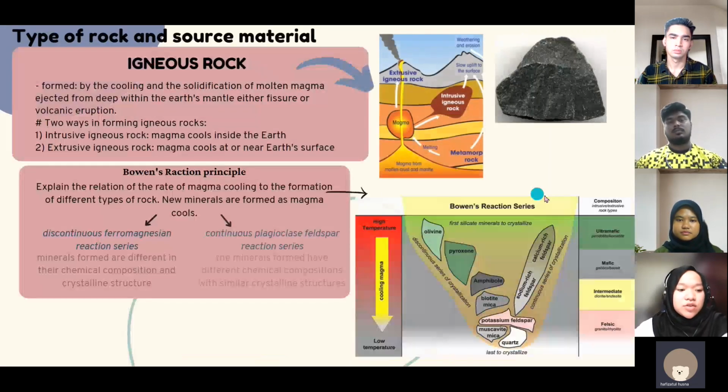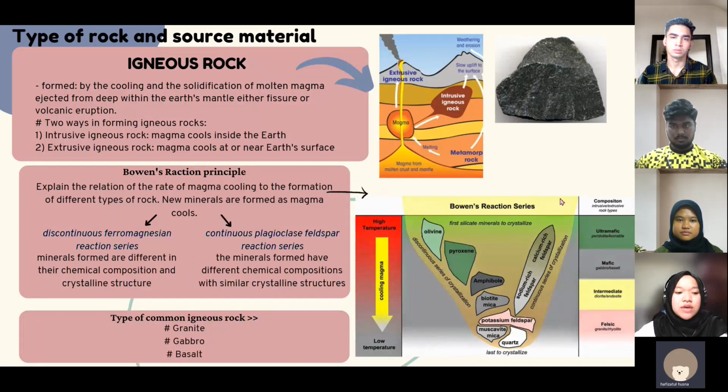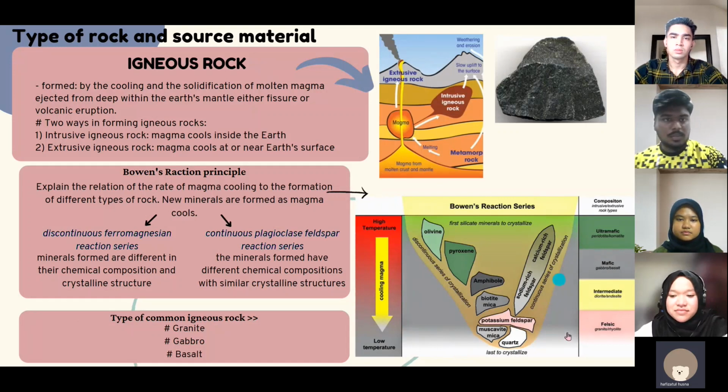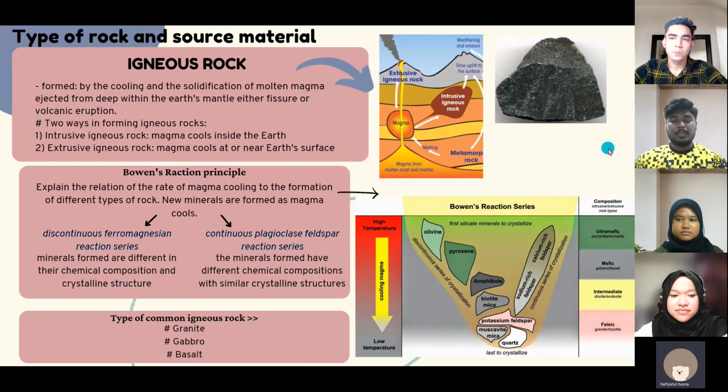To better understand, I would like to ask Devanesh to explain about the igneous rock. Thank you. So now I'll be explaining about the igneous rock. Igneous rocks are formed when molten hot materials cool and solidify, and there are 2 ways of forming igneous rock.